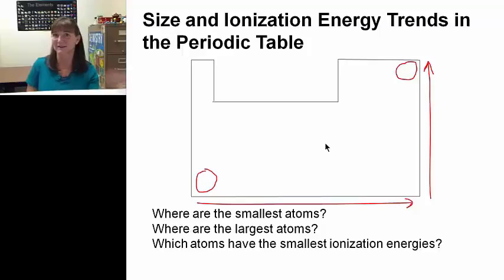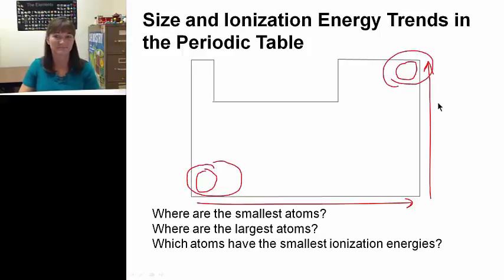So you can look back at the previous slide. Ionization energy does the exact same trend, left to right and bottom to top, but in that case it increases. Where size decreases from left to right, bottom to top, ionization energy increases. So which atoms will have the smallest ionization energy? That would be down here. Largest ionization energy would be up here.